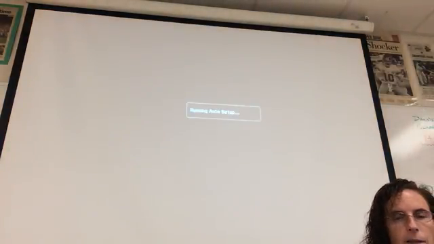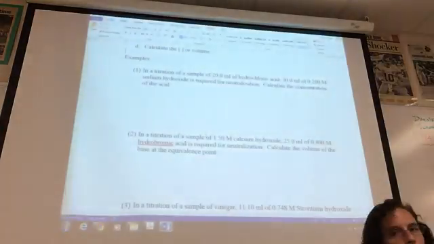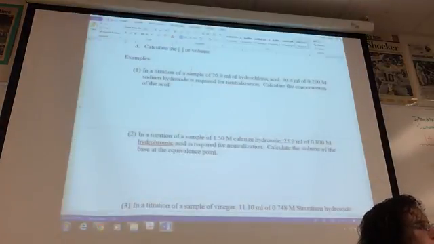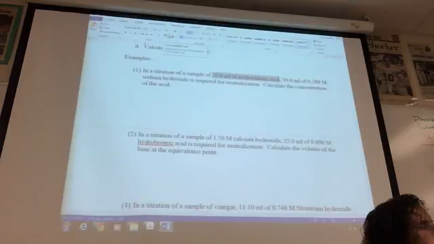Okay, so in the example provided, it says in a titration of a sample of 20 mL of hydrochloric acid, is that the concentration or the volume? So here's your volume of acid. 30 mL of 0.2 molar sodium hydroxide is required for neutralization.